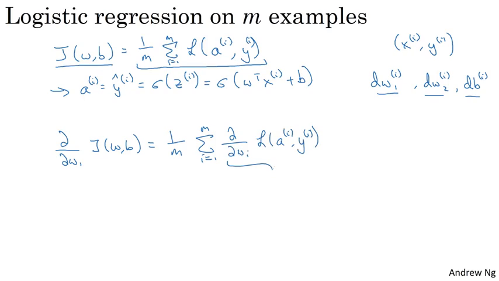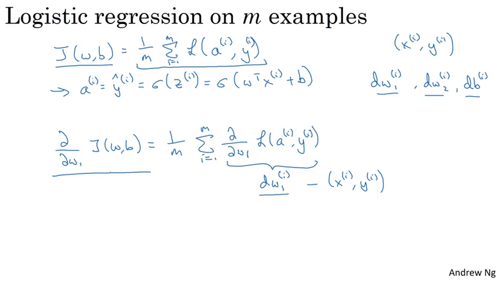But previously, we had already shown how to compute this term as, say, dw1^(i), which on the previous slide we showed how to compute on a single training example. So what you need to do is compute these derivatives as we showed on the previous training example and average them. And this will give you the overall gradient that you can use to implement gradient descent.